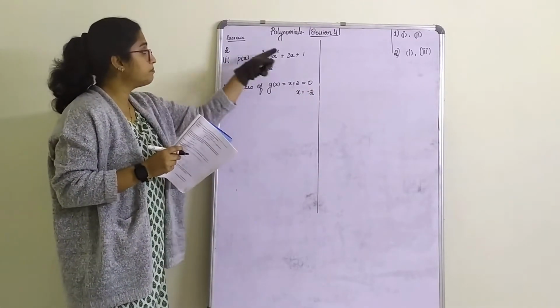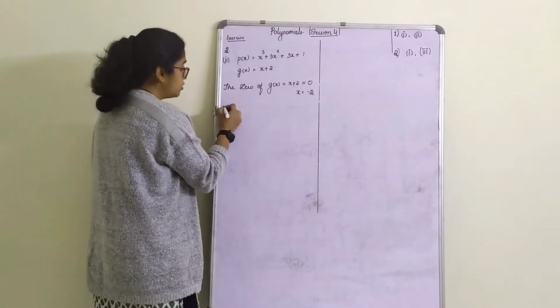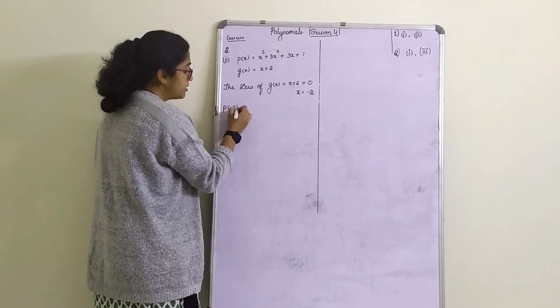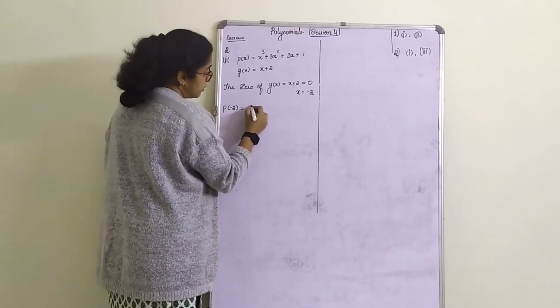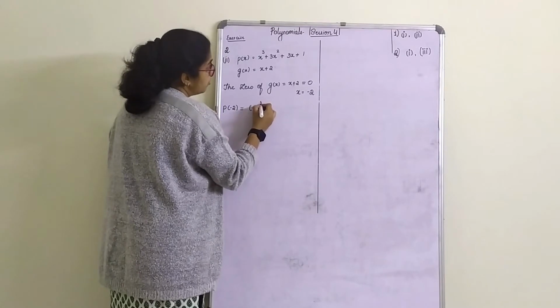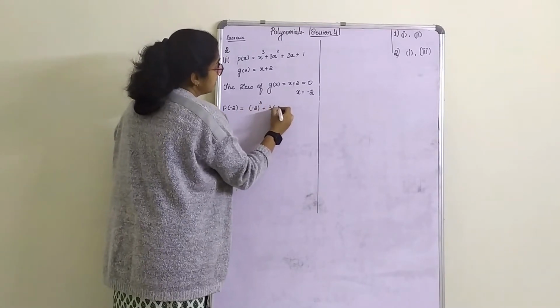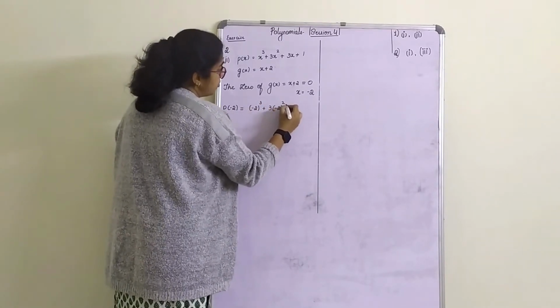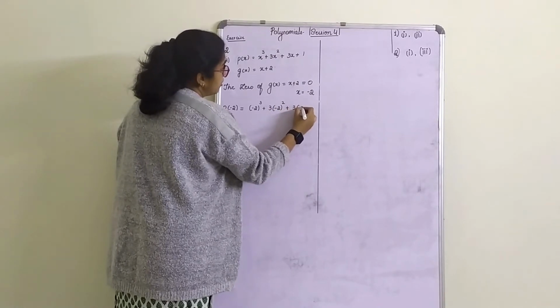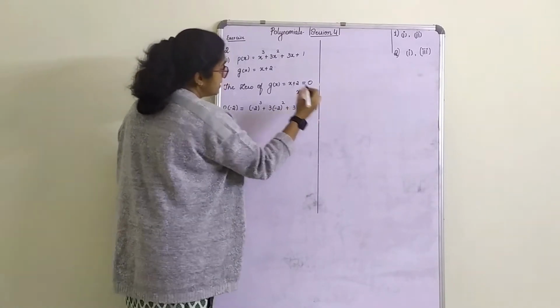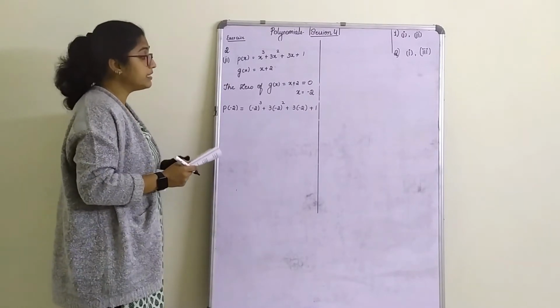We need to substitute minus 2 in the given equation. So, I will write p of minus 2 is equal to minus 2 whole cube plus 3 of minus 2 whole square plus 3 of minus 2 plus 1. Right?